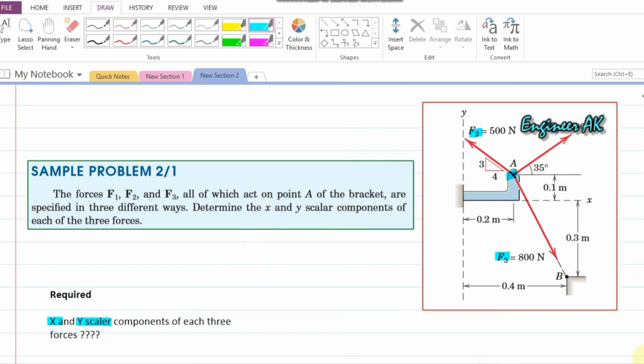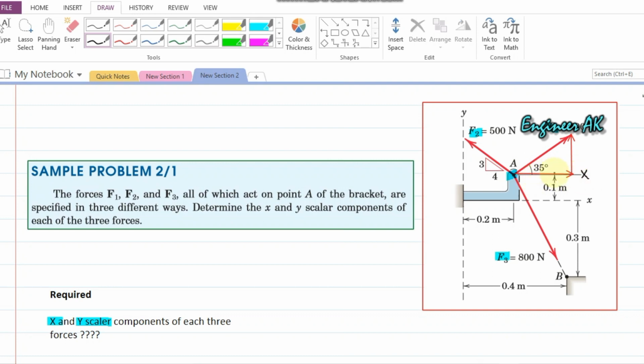So let's start. Let me take this first force, F1. It will have two components. One will be like that, and if I draw the second component, it will be like that. In the previous lecture, as I told you, this angle is with the x-axis.